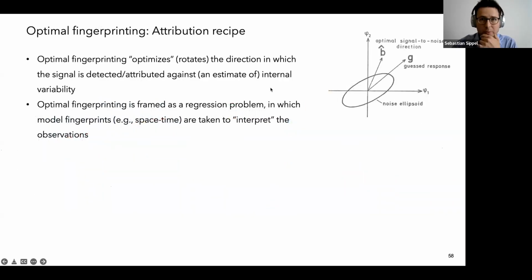So now I wanted to spend, let's say, the next 10 minutes or so on optimal fingerprinting, but before we go into that, I want to say this can only be a very, very coarse overview. I still wanted to show it to give you a feeling for how optimal fingerprinting works, but the statistical algorithm has been developed for about 20 years, so there are a lot of statistical specifics to it.